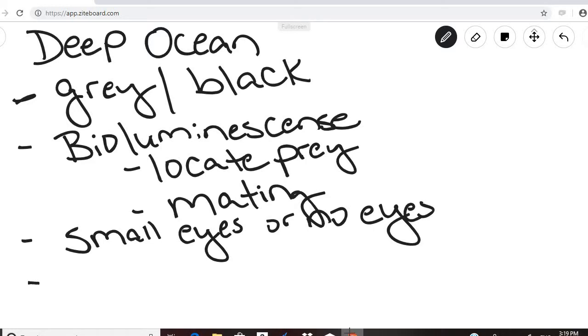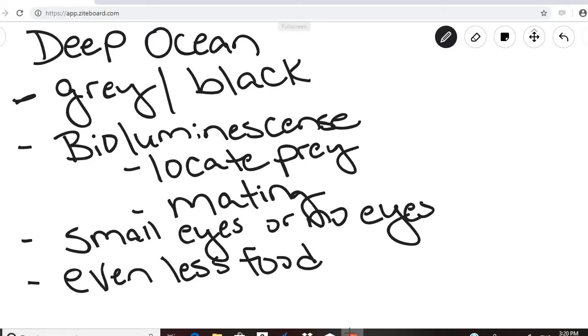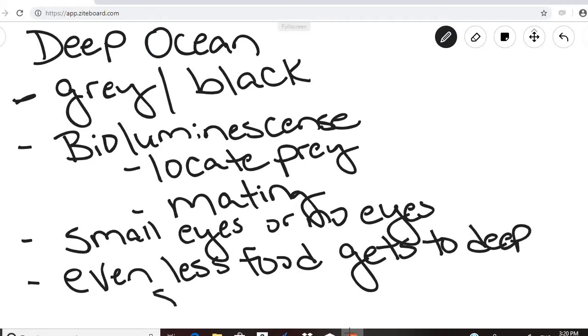And with regard to the food, even less food gets to these areas, as the food has had to move its way down the water column from the photic zone, and other organisms have taken their part of it before it ever gets to this deep sea.